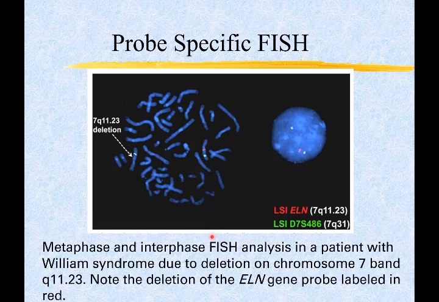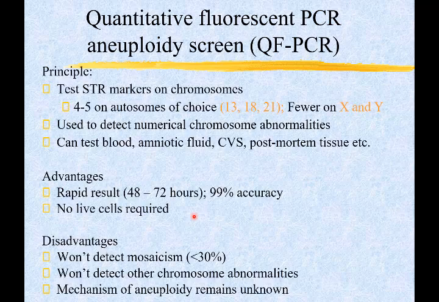This is done in an individual, it's not in the fetus. So we can confirm the detection and confirm the syndrome, Williams syndrome. So for various syndromes, there are probes that you can order from the companies, and it usually comes in a kit where you can easily perform the FISH.